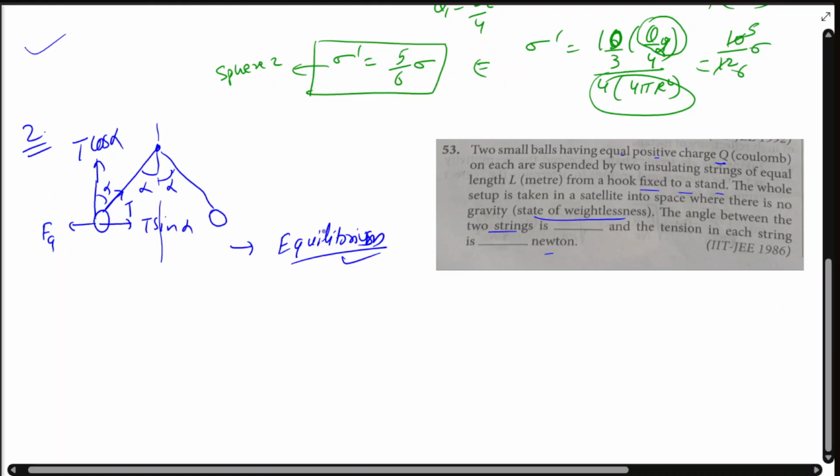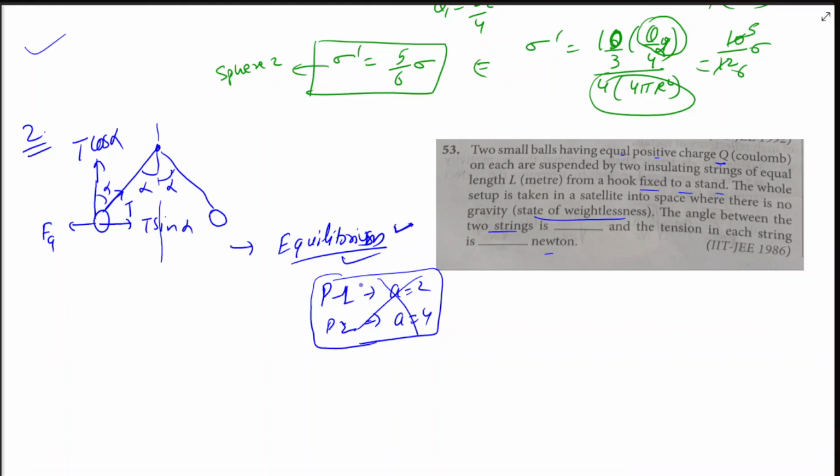Otherwise, why do we do that? Suppose if we do not take it, one person will say they are moving with an acceleration of 2, another person will say they are moving with an acceleration of 4. So what is the general consensus? Equilibrium will be the general consensus among everyone. Yes. So that is why we have to take it as equilibrium.